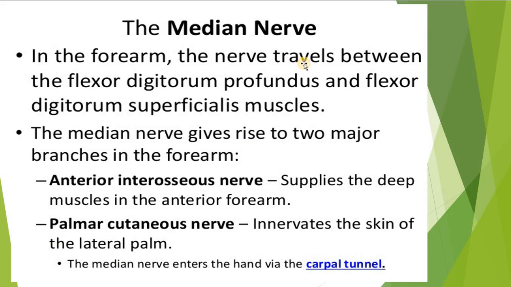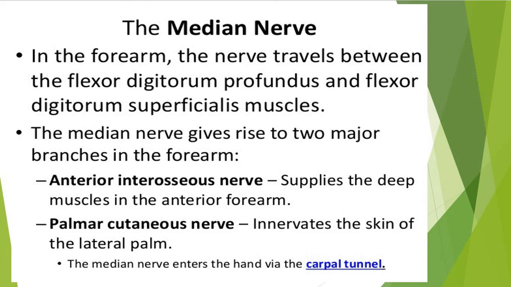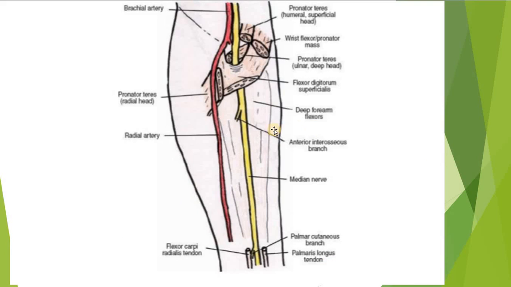I think I have already put the slide for you. As you can see, this is the anterior interosseous branch and the median nerve. This is the deep forearm flexor, the flexor digitorum superficialis, and the pronator teres. The nerve passes between the two heads of the pronator teres.